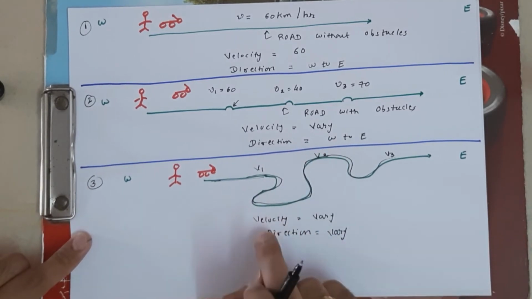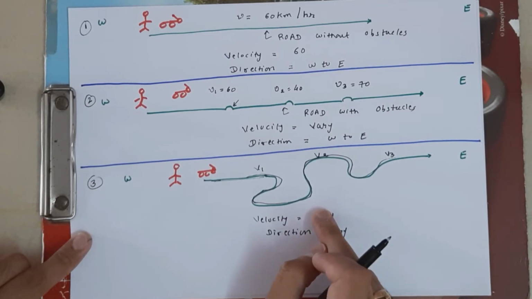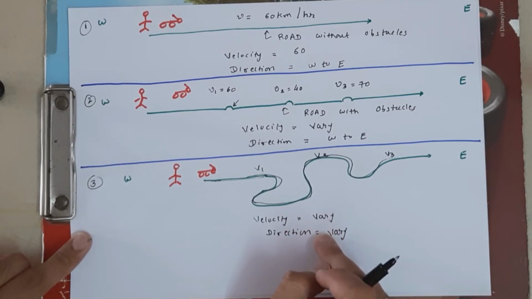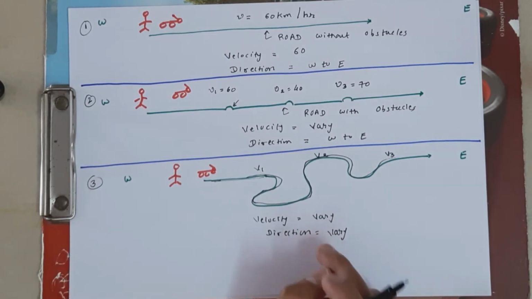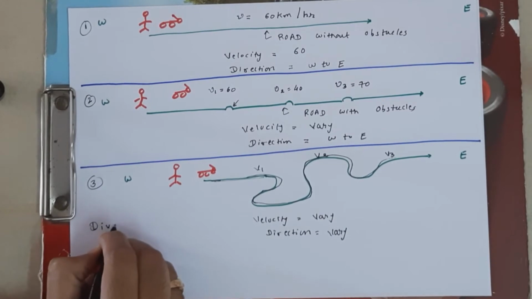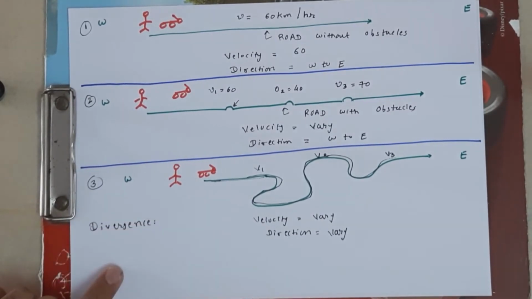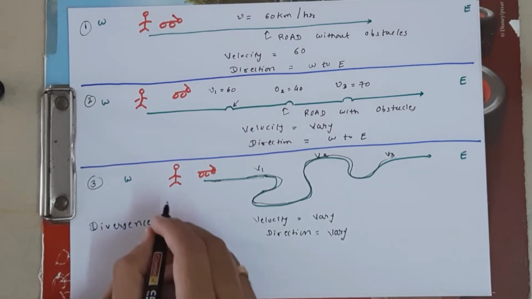But in this case velocity and direction both vary, so divergence and curl both are present. So in a short way, what do we mean by divergence? Divergence indicates change in magnitude.